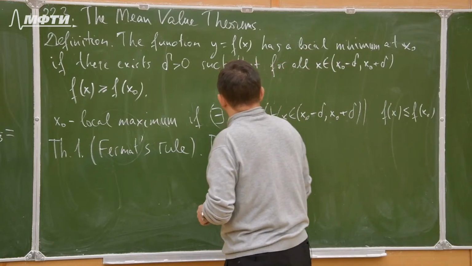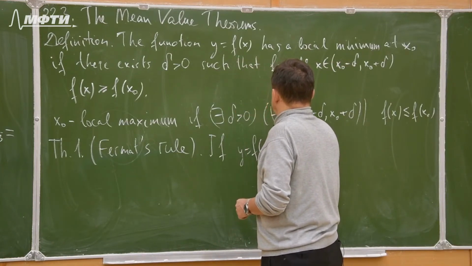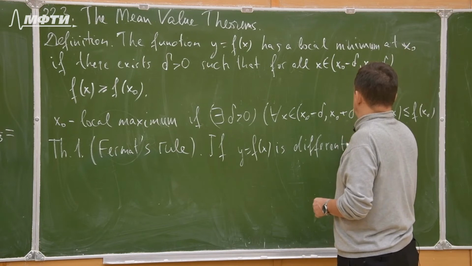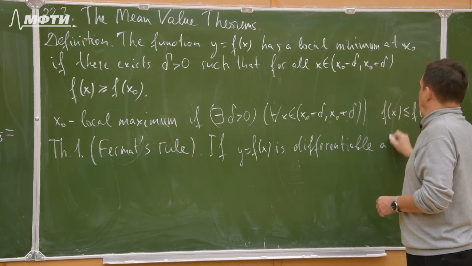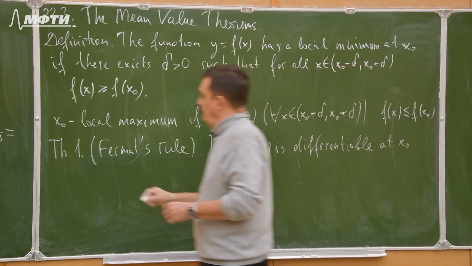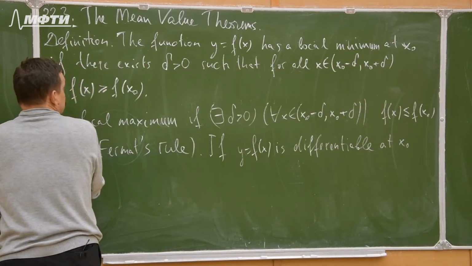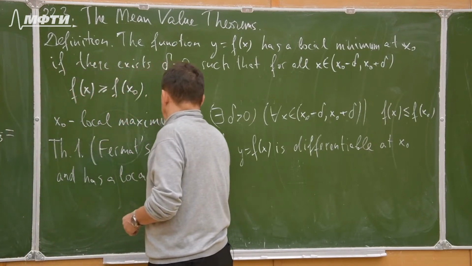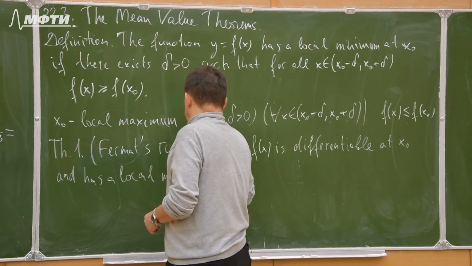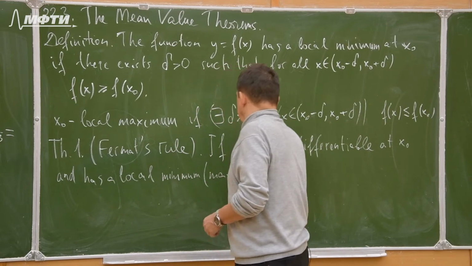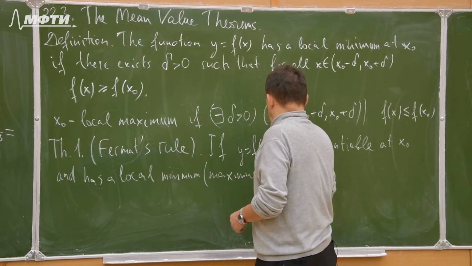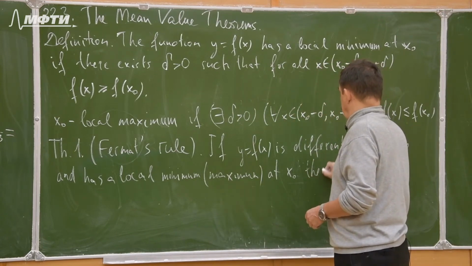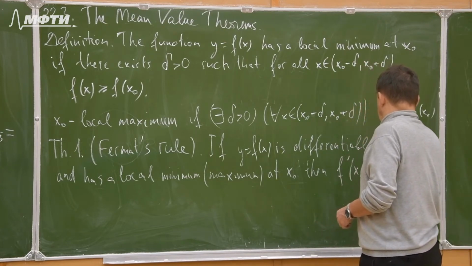If y equals f of x is differentiable at x naught and has a local minimum or maximum at x naught, then f prime at x naught equals 0.